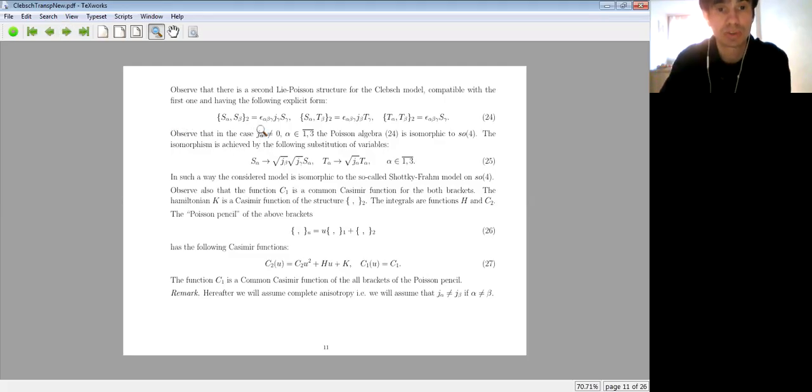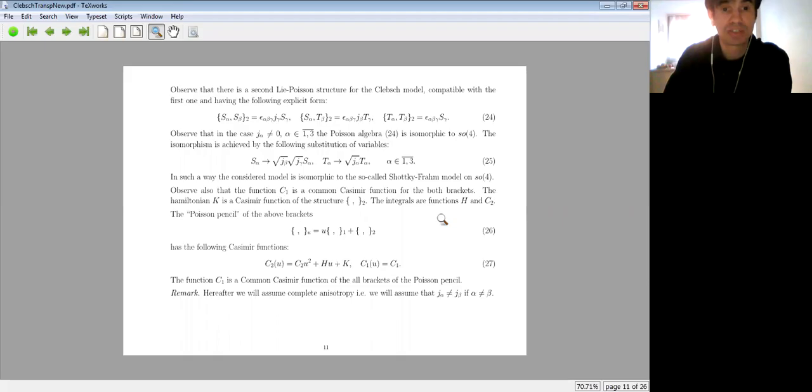This bracket contains these parameters iota_alpha, but in the case when they are not 0, the algebra 24 is isomorphic to so(4). The isomorphism is achieved by the substitution 25. In such a way, the considered model is isomorphic to the so-called Schottky-Manakov model on so(4), known also as the Manakov model.